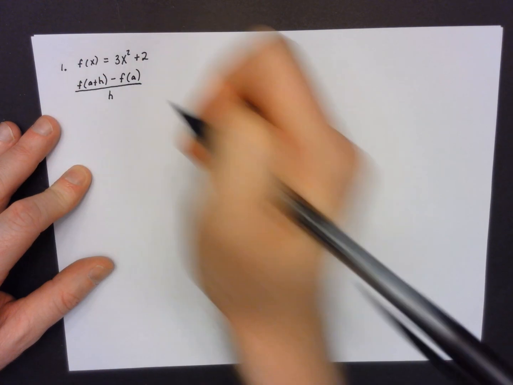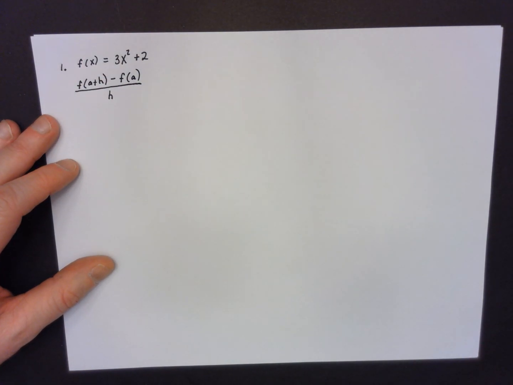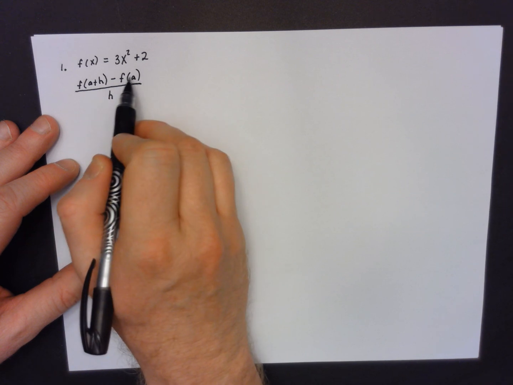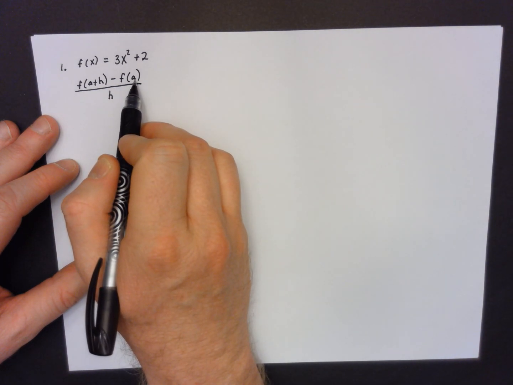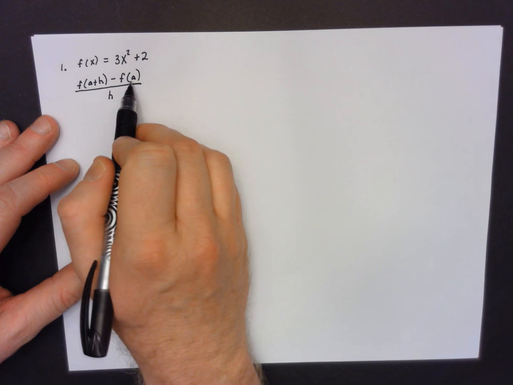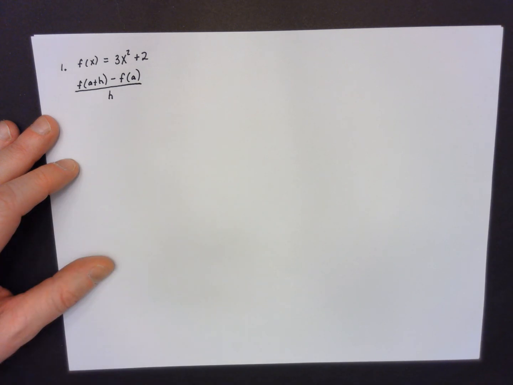All this really is the change in y over the change in x. f of a plus h is taking the place of y2. f of a is taking the place of y1. The change in those two x values, well, they're only h units apart, a plus h minus a.